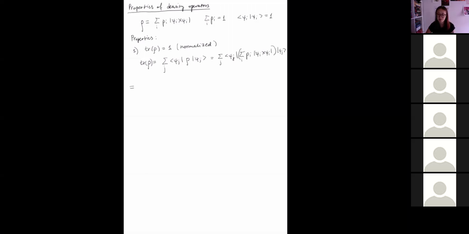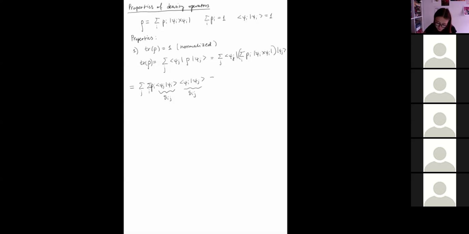We know that psi_i and psi_j are equal if i equals j, and orthogonal if i does not equal j. So p_i goes out because it's just a number, and here we have <psi_j|psi_i>, which is delta_ij, and this is also delta_ij.